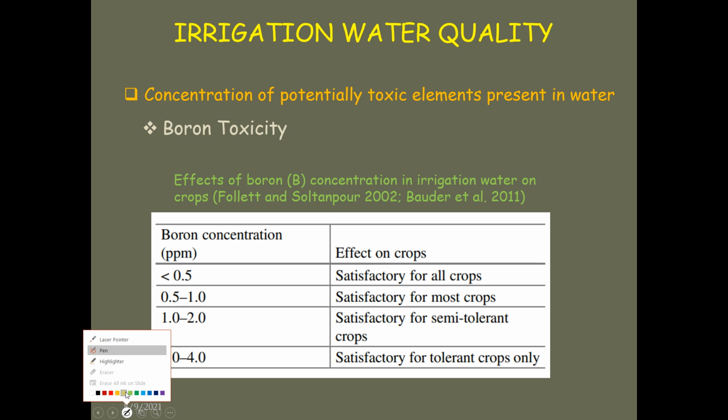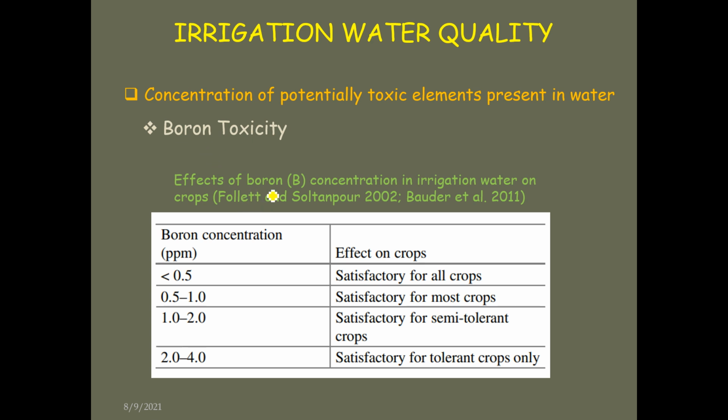And how can we know if we haven't tested for boron toxicity? By observing the crops, we can estimate that there is a problem with boron, that is, a higher concentration of boron.